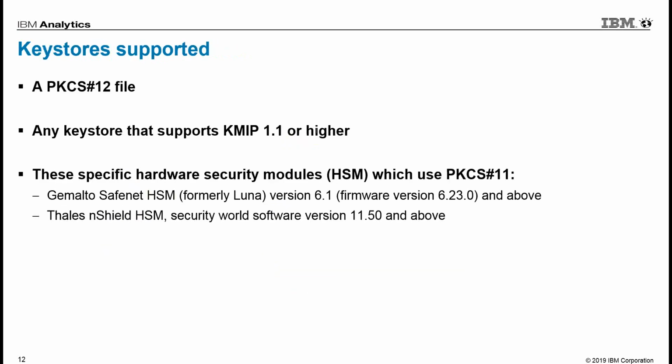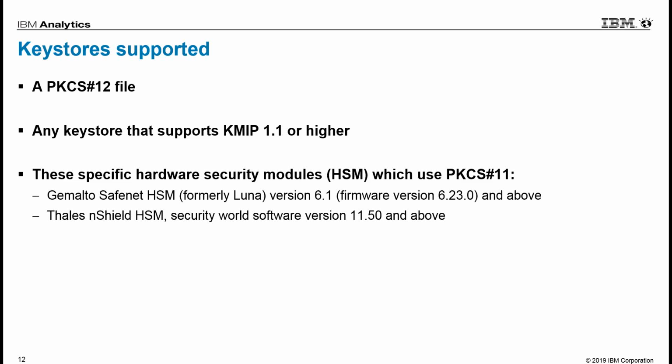For the hardware security modules, for KMIP 1.1, we support any product that claims to support KMIP 1.1 or higher. For PKCS11, that protocol is, to be politically incorrect, a bit more flaky and a bit more dependent on the vendor's implementation. So we actually had to test specific vendors, and we've tested 2, which are the 2 most popular ones.